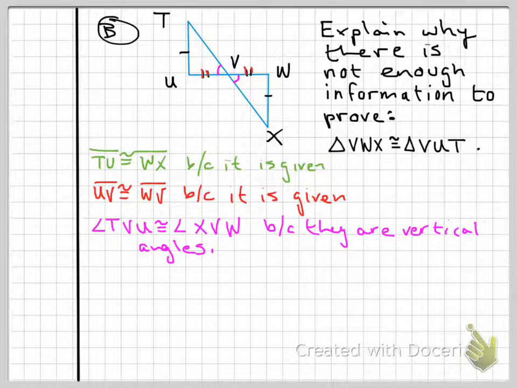However, if you pay attention to where that angle is, it is not in between the two congruent sides. To use side angle side, we would need these two angles that are congruent. And I don't know if those two angles are congruent. I don't know if angle U is congruent to angle W. So I can't prove this.